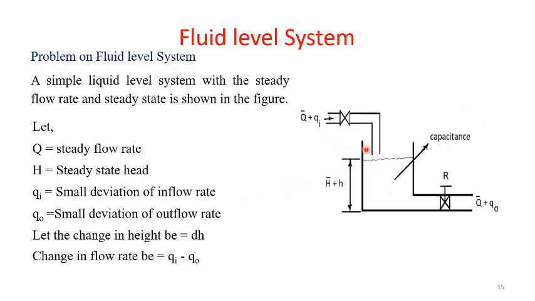Hence due to that there will be an output flow rate Q0, that is a small deviation of output flow rate. Due to this there will be a small change in height, that is dH, and the change in flow rate will be equal to small Qi minus Q0.